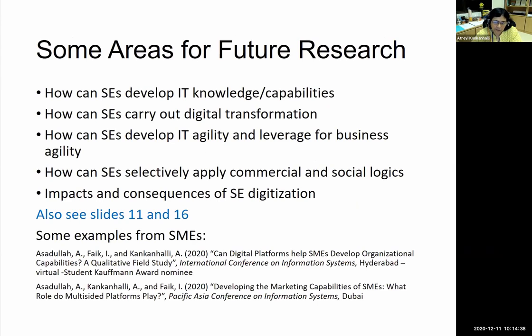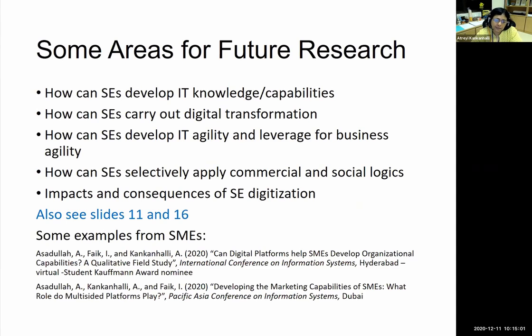Specific to the kind of work that I'm doing, these are some of the questions. How can social enterprises develop IT knowledge and capabilities? How can they carry out their digital transformation, develop IT agility and leverage it for business agility, the whole alignment argument?